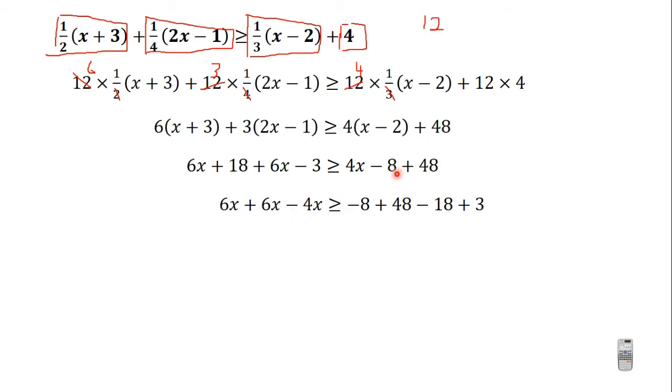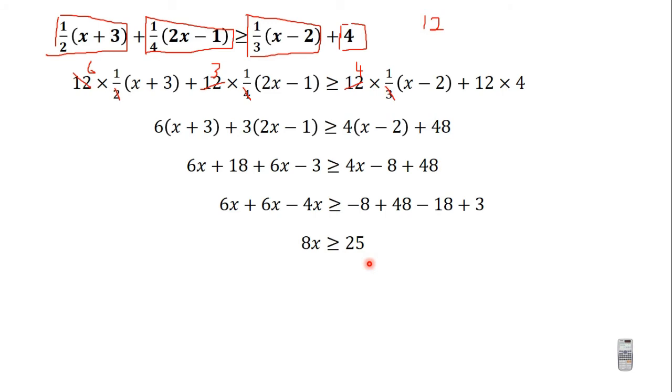Greater than or equal to, I already have minus 8 plus 48 here. I'll take 18, which is positive, and bring it to this side, it becomes negative. 3 is negative. When it comes to this side, it becomes positive. So we have 6x plus 6x minus 4x will give us 8x. Minus 8 plus 48 minus 18 plus 3 will give us 25.